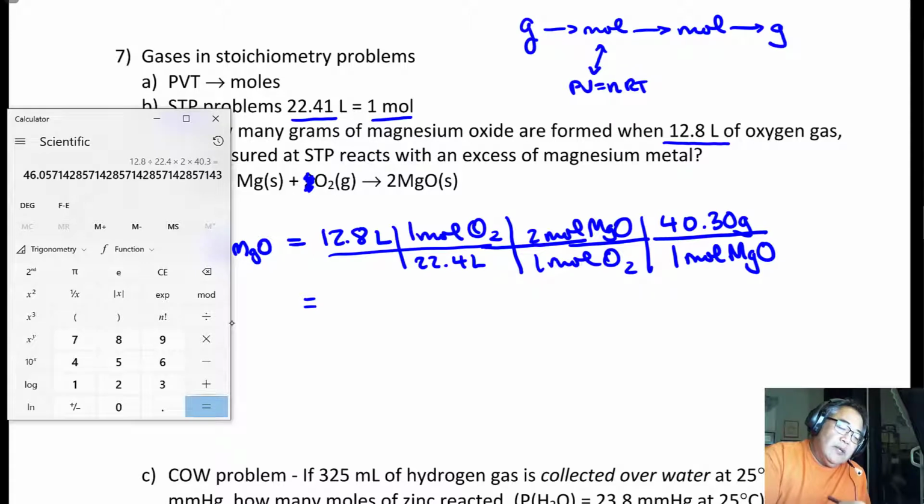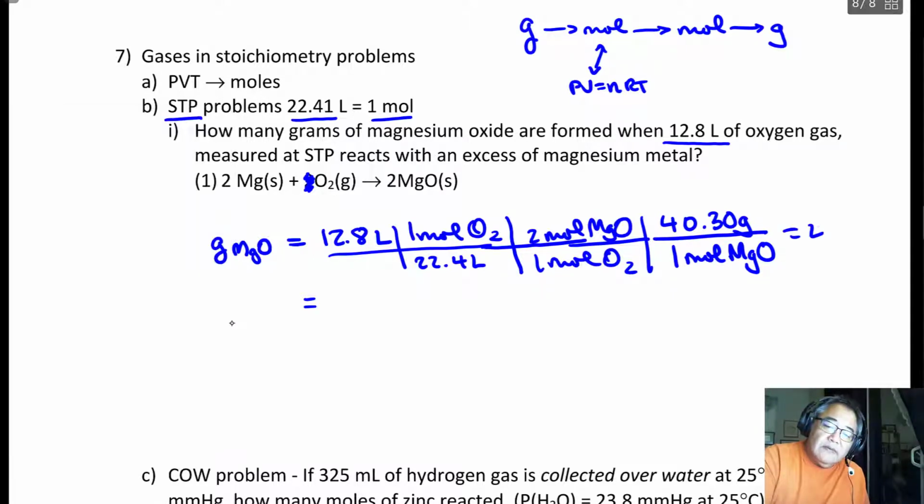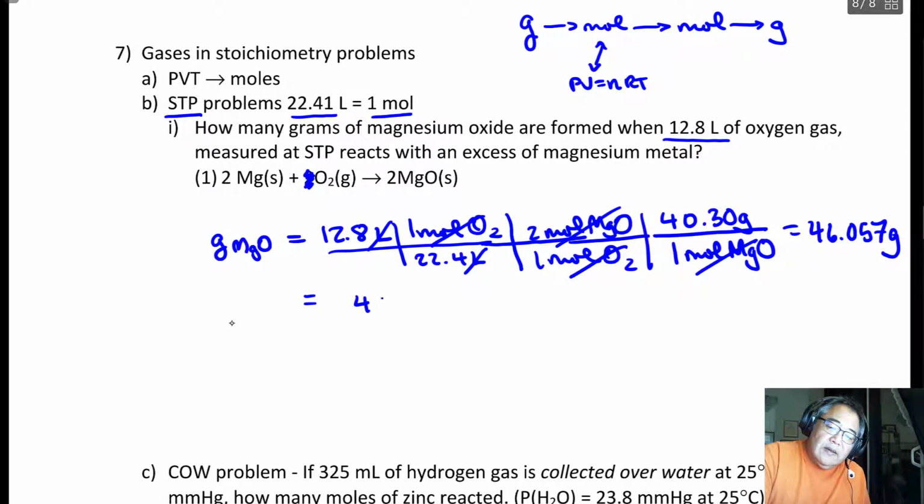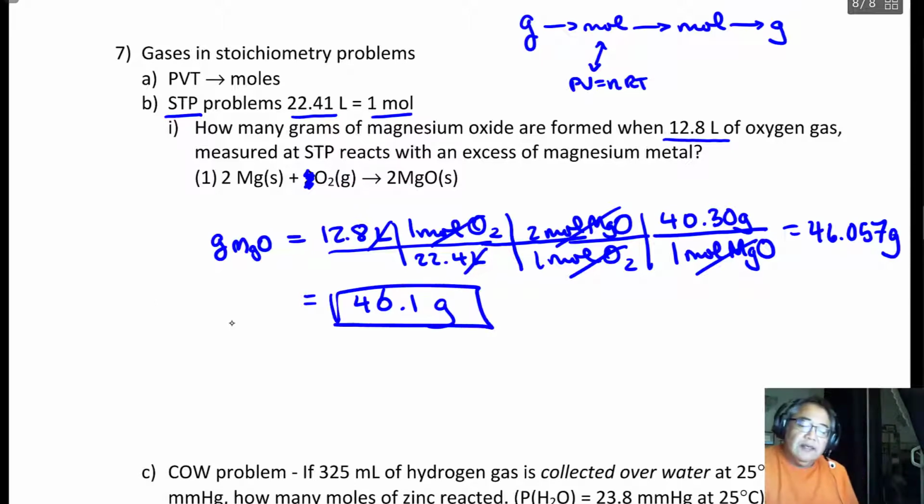And that comes out to 46.057 grams of MgO. The units will cancel like this, so that leaves me the grams of MgO. So that comes to 46.1 grams, because it has 3 significant figures in it like that.